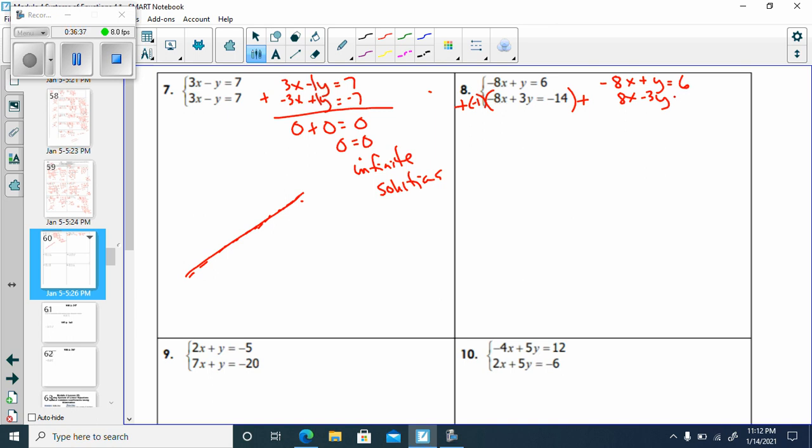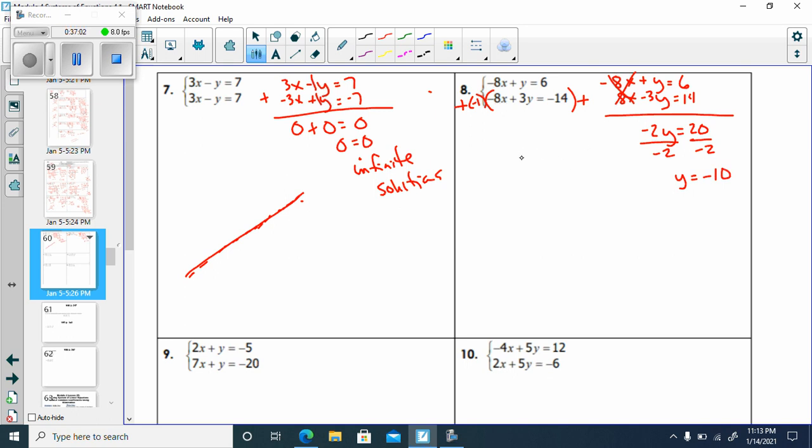Negative 1 times negative 14 is a positive 14. Negative 8x plus 8x gives you 0. Y plus negative 3y is negative 2y is equal to 6 plus 14 is 20. Let's divide both sides by negative 2, and y is equal to negative 10.